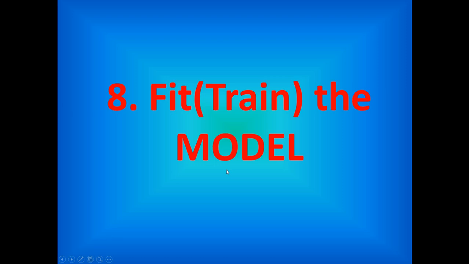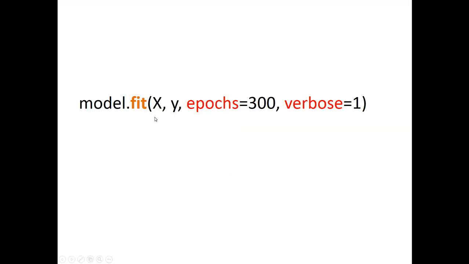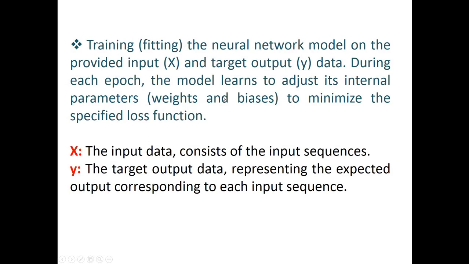Now you need to fit the model. Fitting is done with the X and Y data which you have sequenced in a particular format, and they are passed into fitting. The epochs means 300 times the epochs will run.